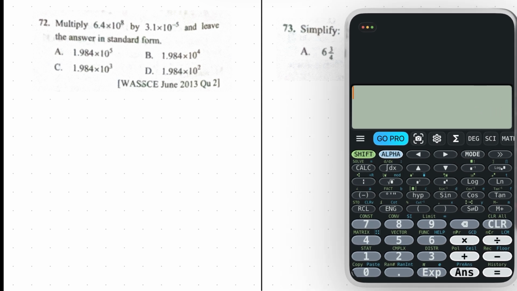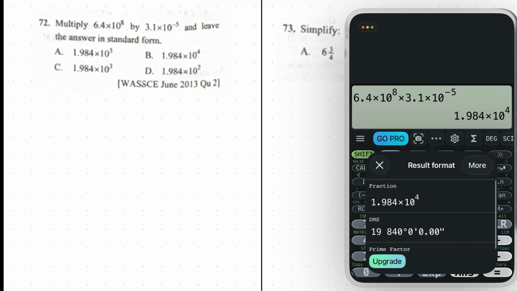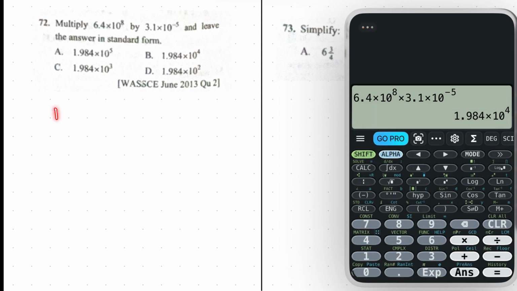Okay, so we have 6.4 times 10 to the power 8, then multiplied by 3.1 times 10 to the power negative 5. So this is our answer. Our answer is 1.984 times 10 to the power 4.